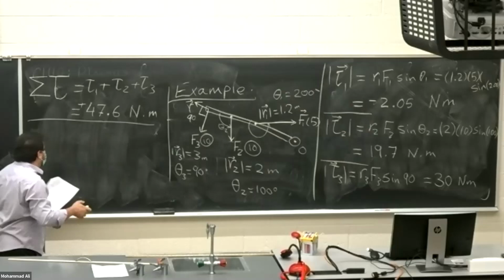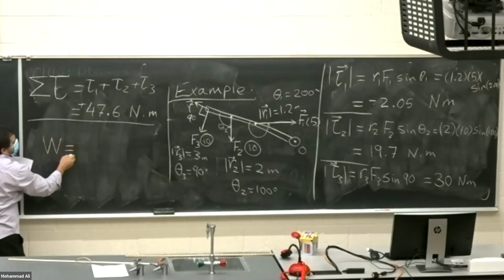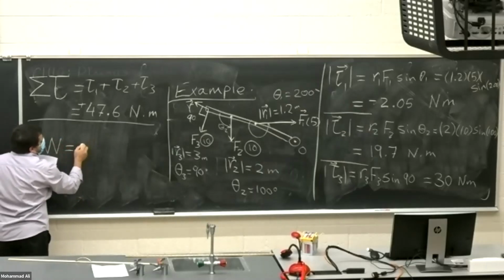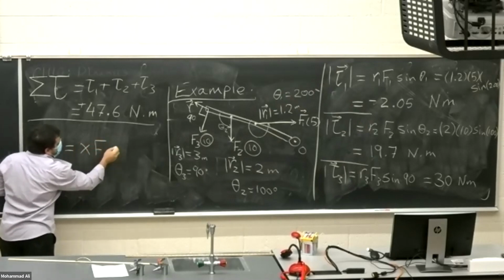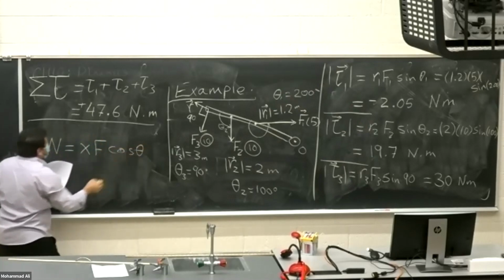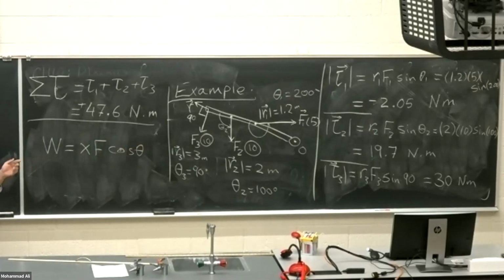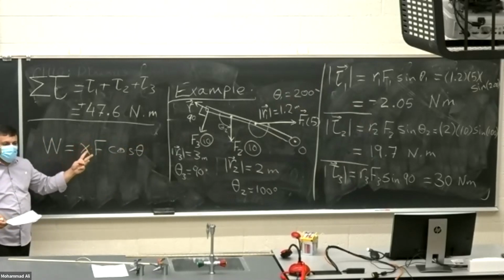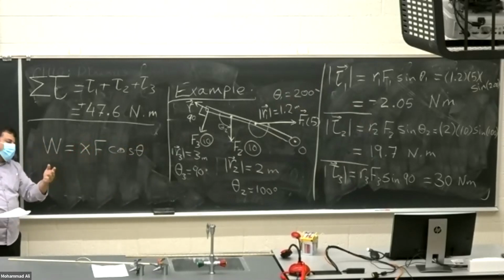If you remember that from before, I asked you about x, F, cosine theta. This is the work. I asked you from before, when the work is equal to 0, we have 3 cases, and there is a question in the exam.